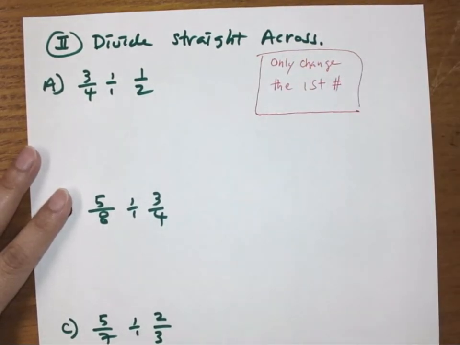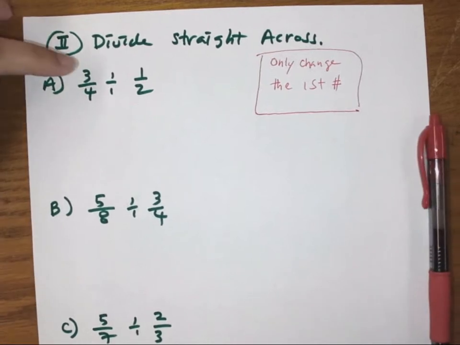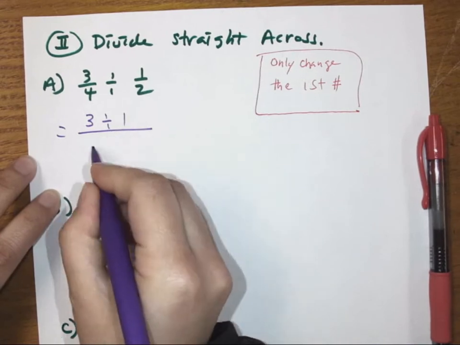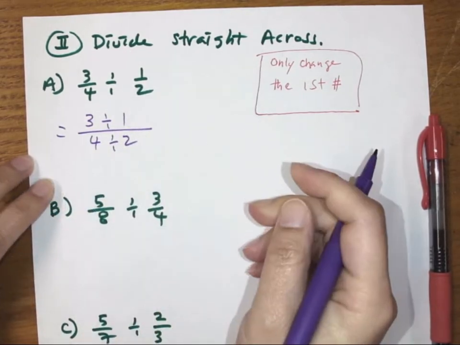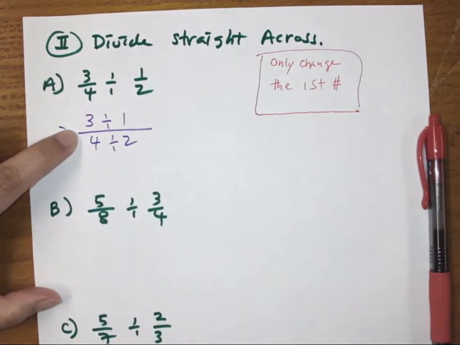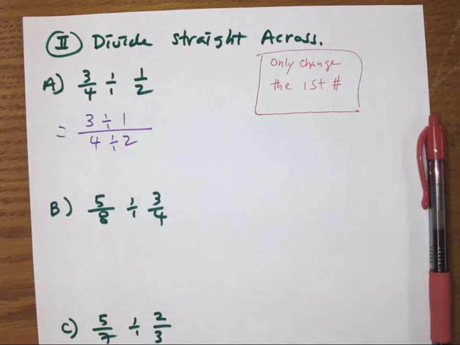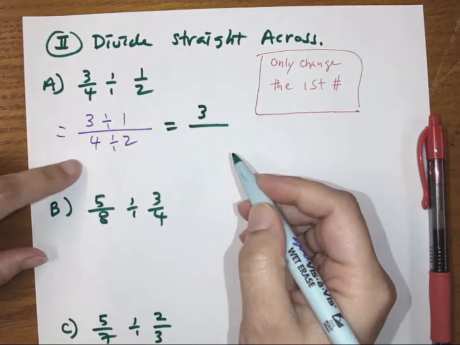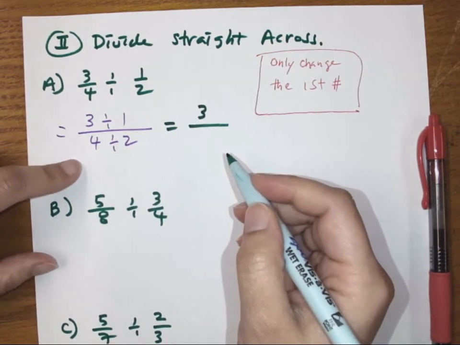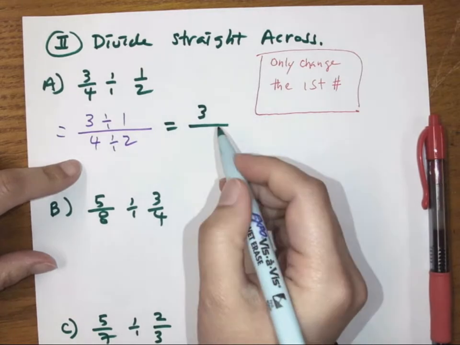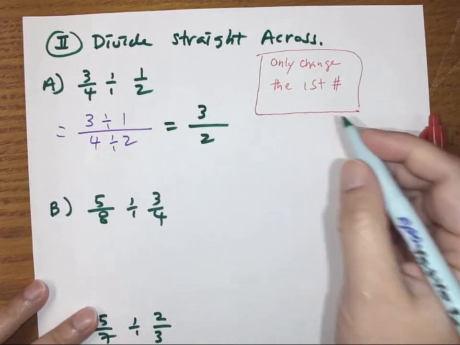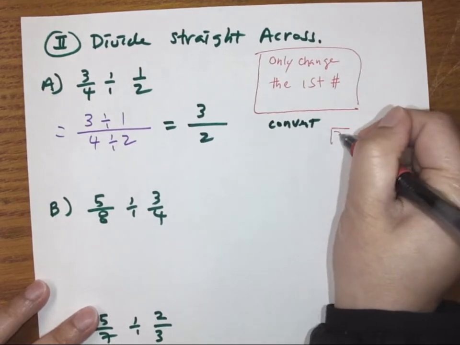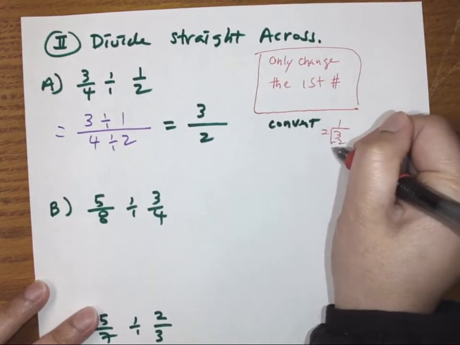If I write it like that, 3 divided by 1 and 4 divided by 2. Can 3 be divided by 1 evenly? The answer is yes, so that's good. That means 3. 4 divided by 2, can it be divided evenly? Yes, so it's going to be 2 here. So I'm going to convert that. 3 divided by 2 times 1 is 2.